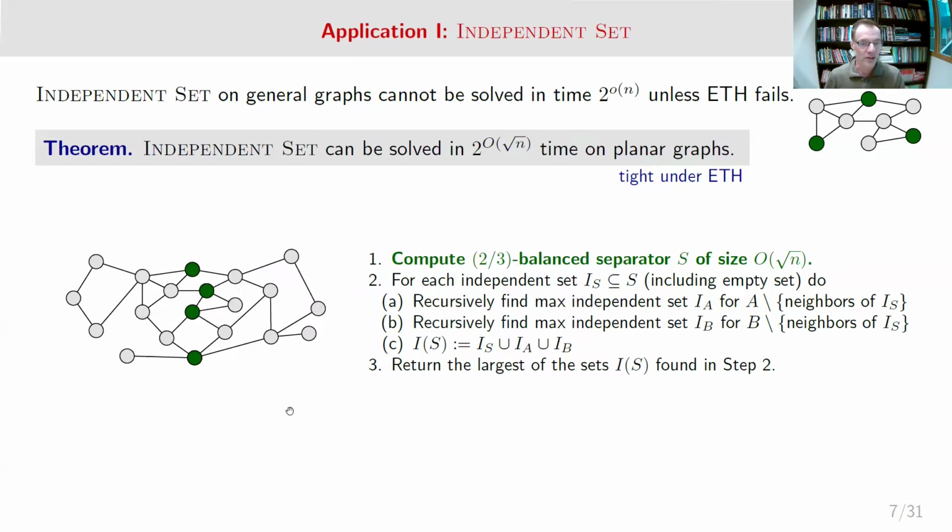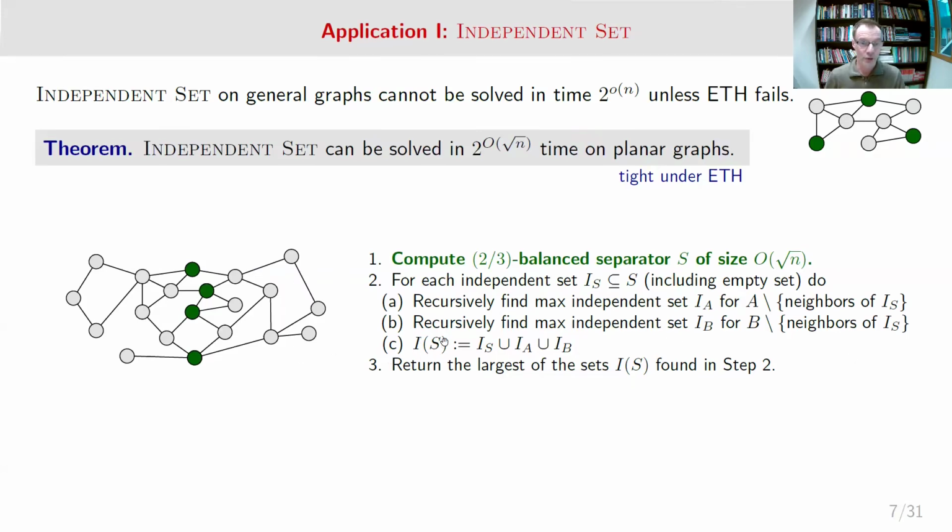And also from the other side, I do something similar. So I recursively find an independent set on this side for the nodes there minus the neighbors of the independent set I picked. I do the same thing on the other side.